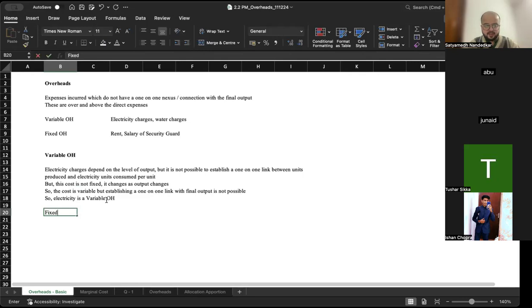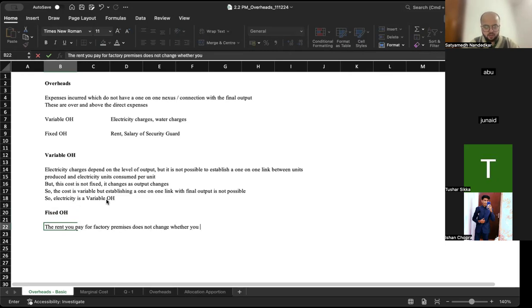On the other hand, let's understand how a fixed overhead works. The rent you pay for factory premises does not change whether you make 1000 units or 10,000 units or you don't make anything at all.